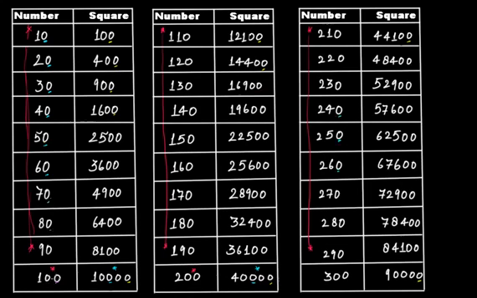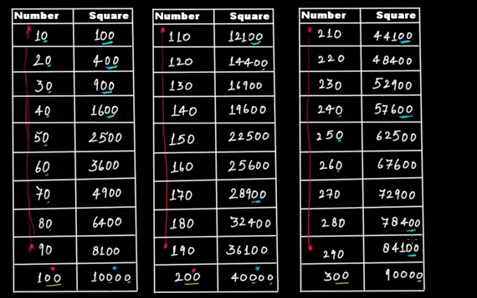But if you look at these 3 numbers, 100, 200 and 300, these 3 numbers have 2 zeros. Numbers that contain only a single 0 have 2 zeros in their perfect squares or square numbers, right? You can check for any number.